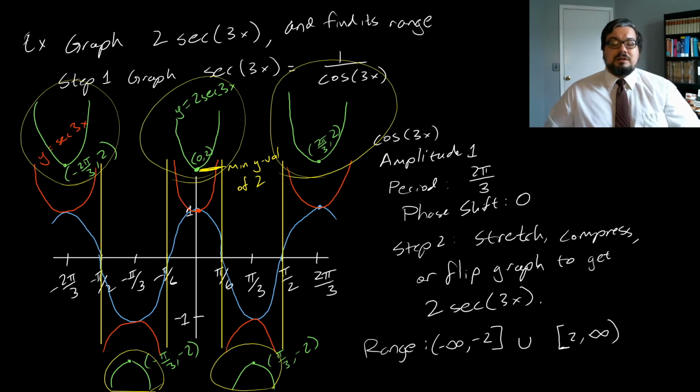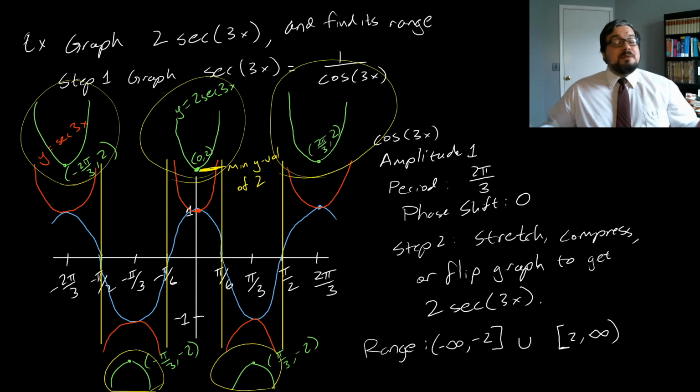So these are some questions that you will occasionally run into when you're looking at graphs of secant or cosecant. The ranges of sine and cosine functions are a little easier to describe, but again, using the graph is a very good way of doing that, and a good way of checking their work.